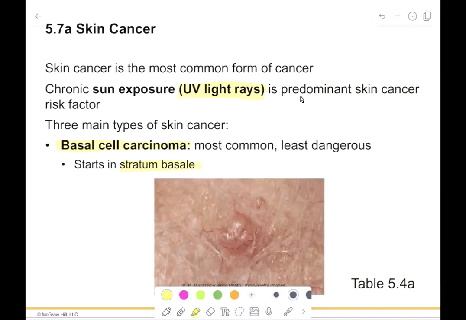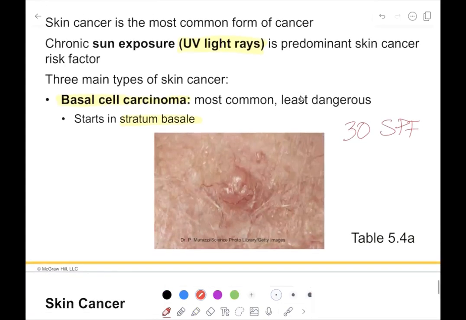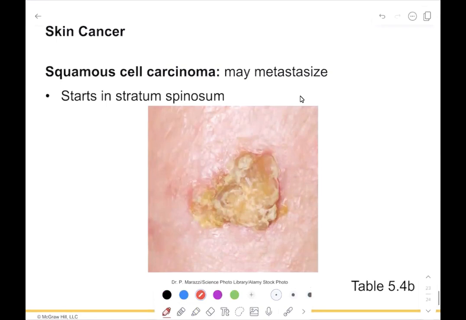So make sure that you wear sunscreen with at least 30 SPF for your protection. After all, the UV light rays can cause cancer by first damaging the DNA, which is in the nucleus.